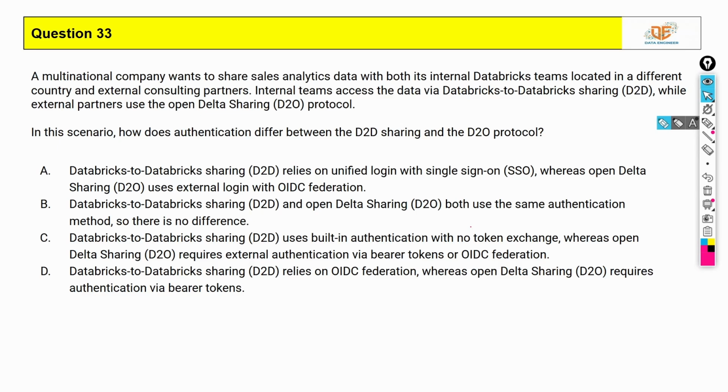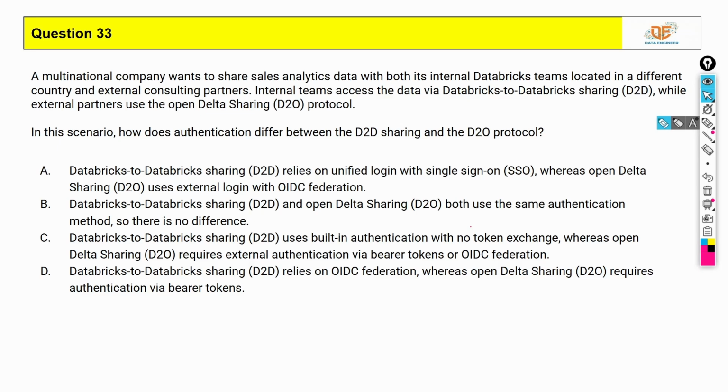Internal Databricks team means someone who is using Databricks. An external consulting partner is not using Databricks; they are using some other tool. The internal team can access the data via Databricks-to-Databricks, what I said, D2D, while the external partner uses the open data sharing protocol.